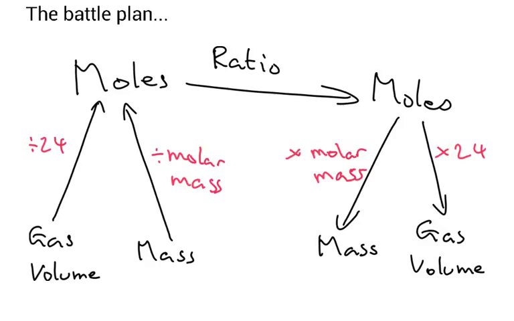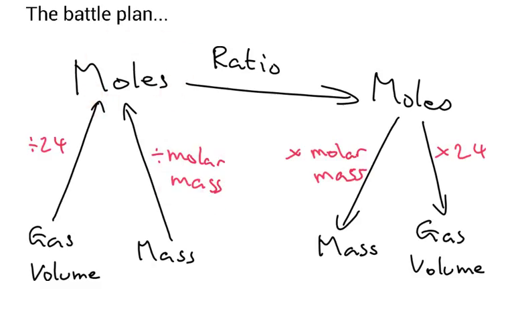Okay guys, so what I've got here is a battle plan of how we are going to solve these problems. They could give us a gas volume, they could give us a mass, but either way we want to get up to moles. Now, if they give us a gas volume, we'll divide by 24 to get to moles. If they give us a mass, we'll divide the mass by the molar mass. That will tell us the number of moles.